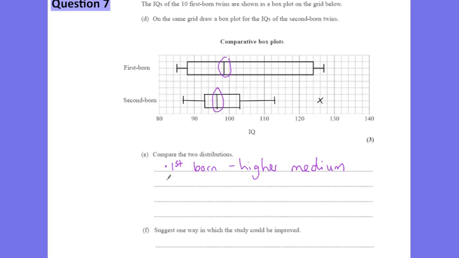So our next comment is that the firstborn has a greater spread. And that can be based on either quoting the range or the interquartile range. Remember, we can say these the other way around: second-born, lower median; second-born, less spread.